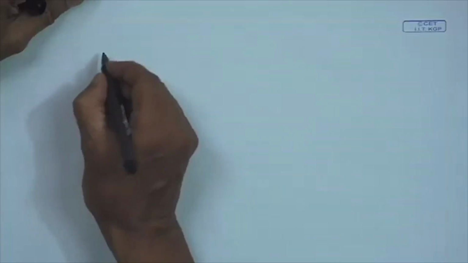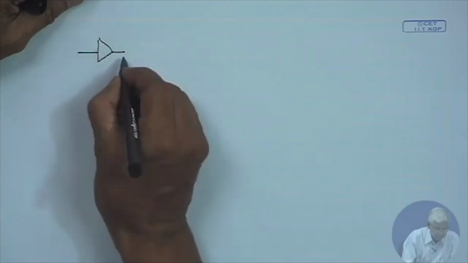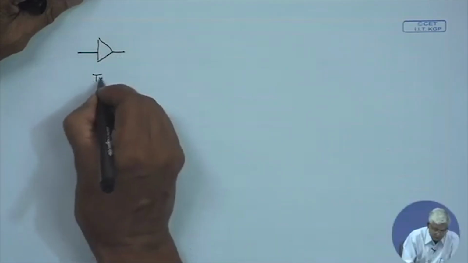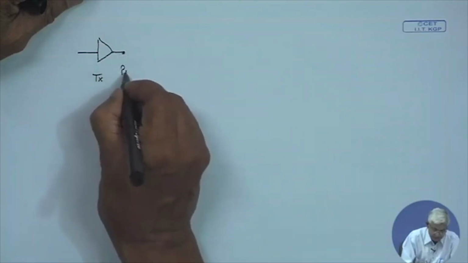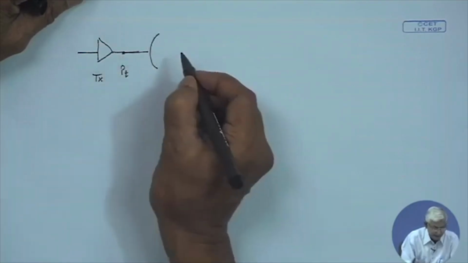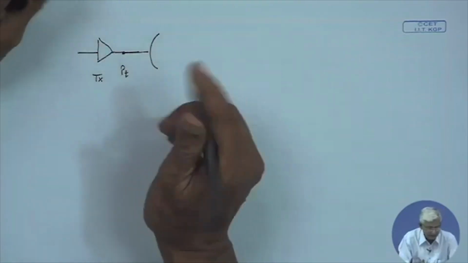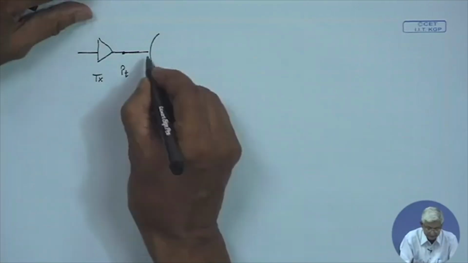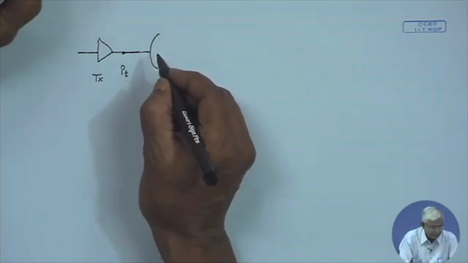We have now seen a transmitter which has a power amplifier, whose power output is PT, and it is put into an antenna. We will use a parabolic reflector antenna, because a larger gain is required to focus the energy or the power.